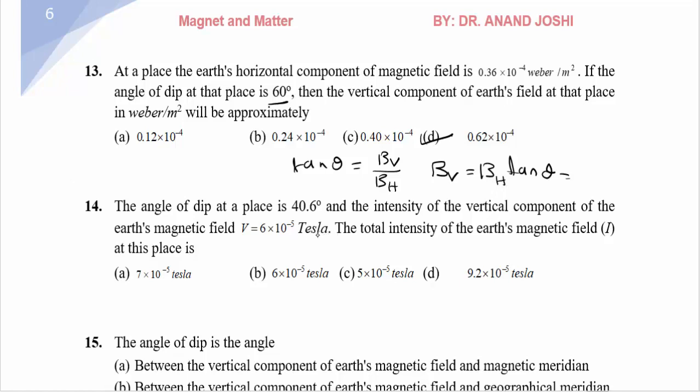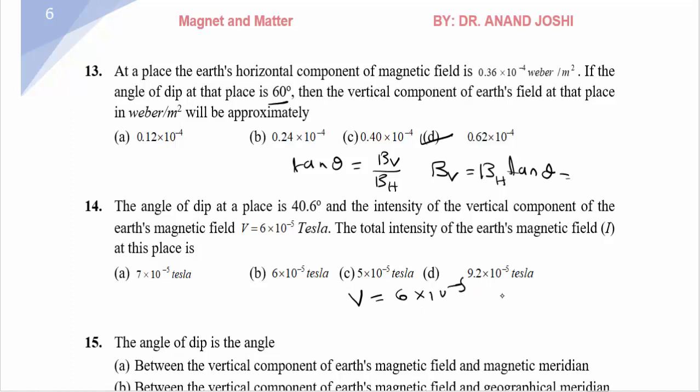Next question, 14. The angle of dip at a place is 40.6 degree. The intensity of the vertical component of Earth's magnetic field is 6 into 10 raised to minus 5 Tesla. The total intensity of Earth's magnetic field at that place is asked. The vertical component is V, given as 6 into 10 raised to minus 5.